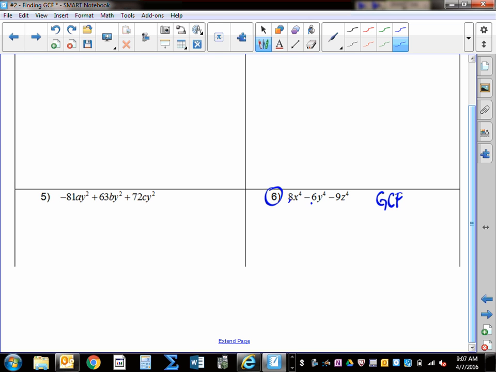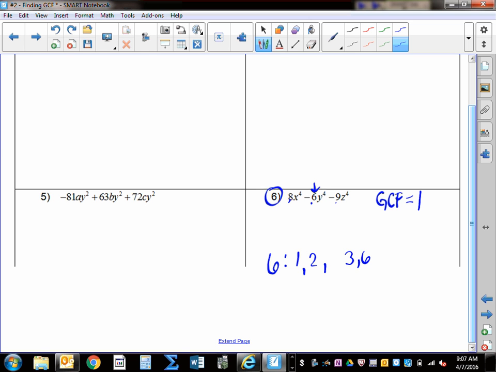8, 6, and 9. What's my GCF of 8, 6, and 9? 1. Do you agree? It's kind of weird, isn't it? Why is it 1? Let's take a look. What's my smallest number of these? 6. So let's look at my factors of 6: 1 and 6, 2 and 3, and that's it.